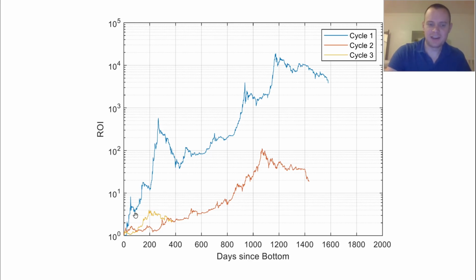Now, if that is the case, then the ROI from market cycle bottom to up here is higher than 10 to the 4. And then the next one would have been around 10 to the 2. And actually, if you're talking about 4 years, this one is actually slightly longer than what the second cycle would have been.